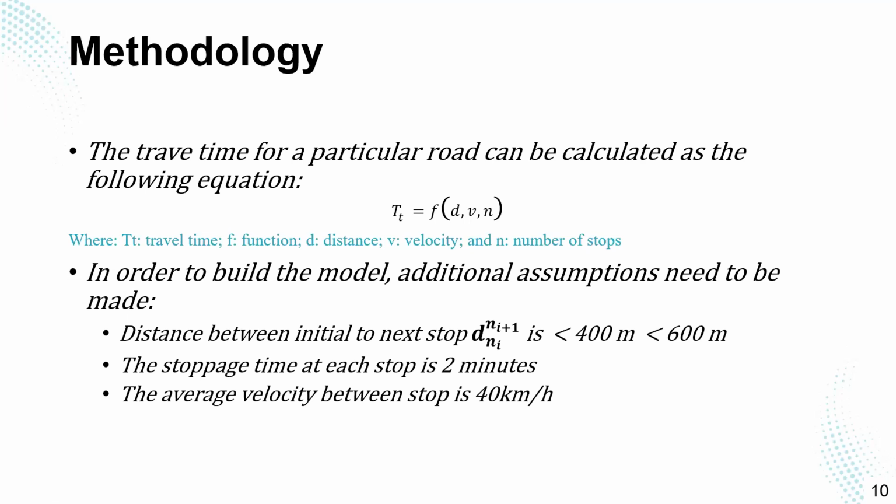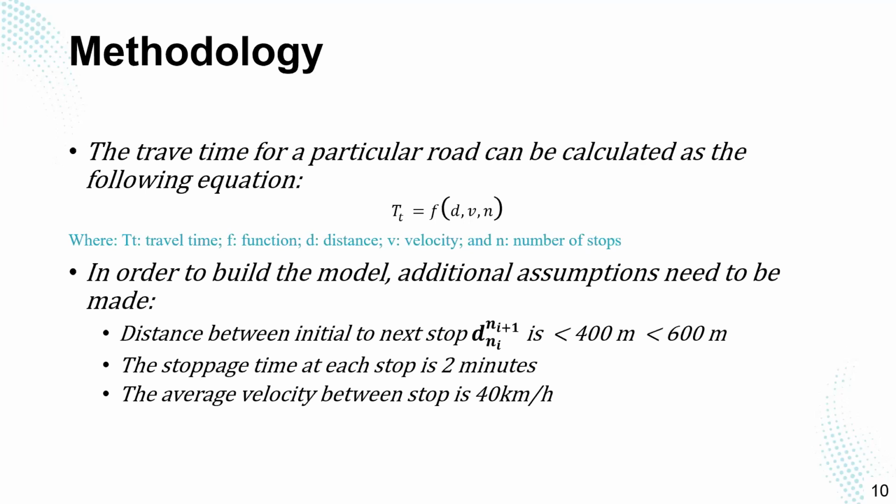Yeah, so the travel time for a particular road, meaning one single road, can be identified by a function of distance, velocity, and the number of bus stops on that specific road. However, in order to build a model, additional assumptions need to be made.